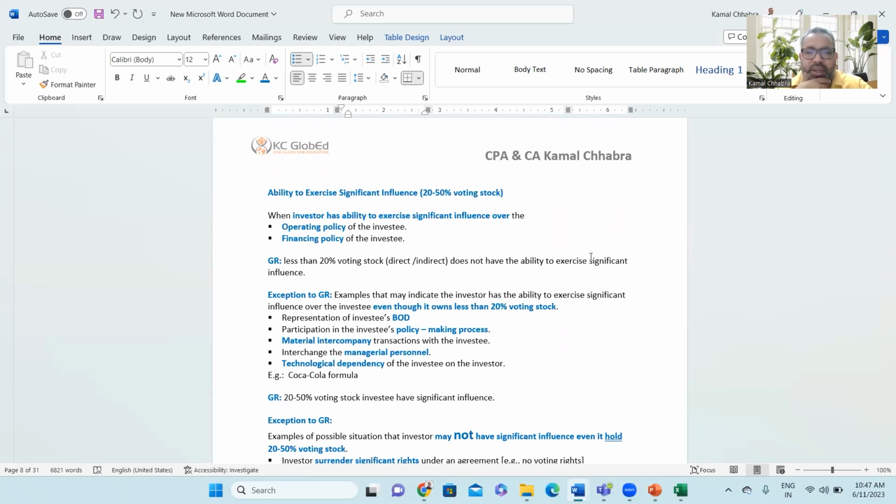That is, when the investor has the ability to exercise significant influence over operating policy or financial policy. So there is a general rule. The general rule says that less than 20% of the voting stock does not give the ability to significantly influence.